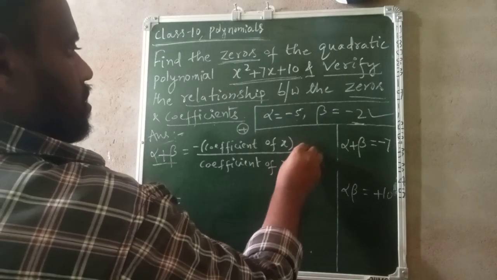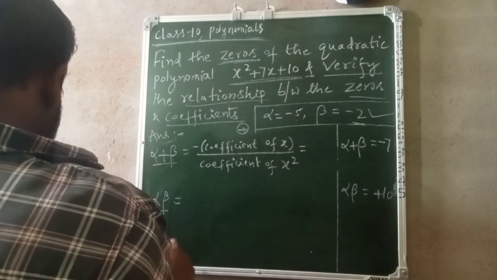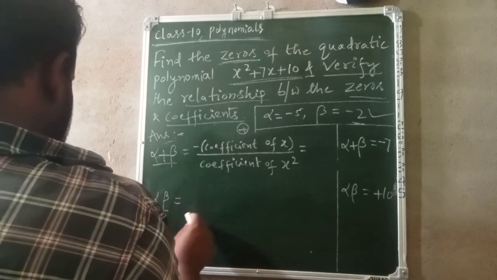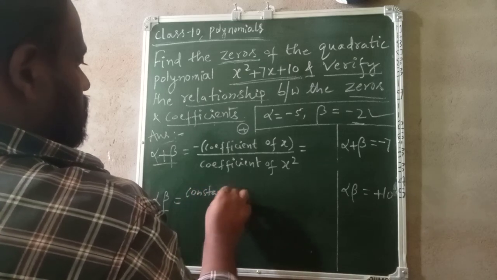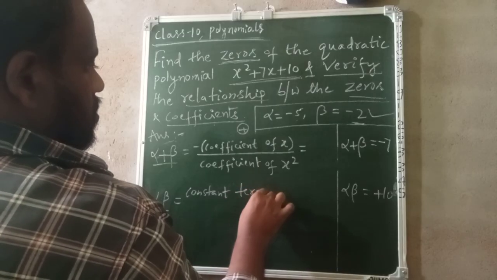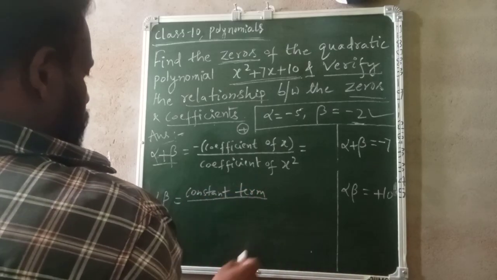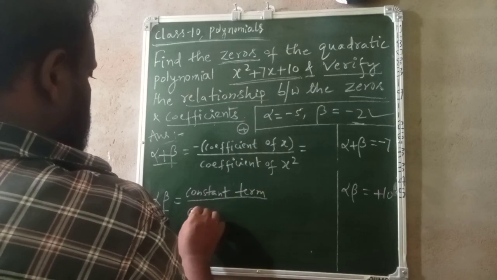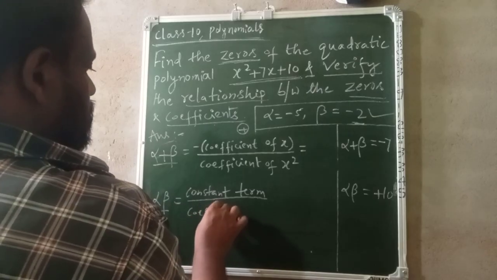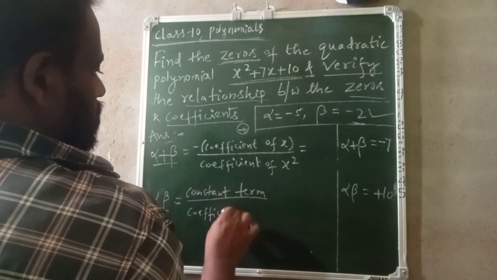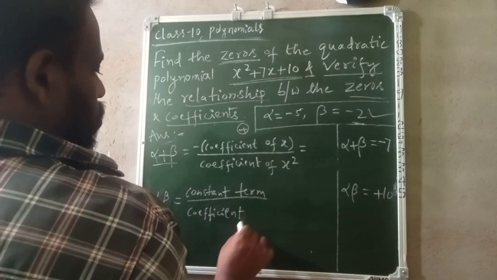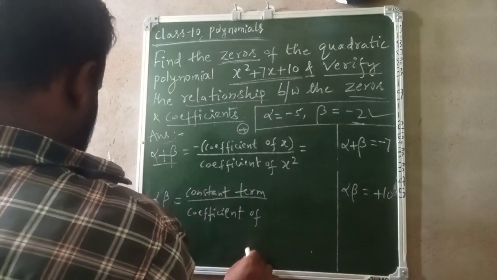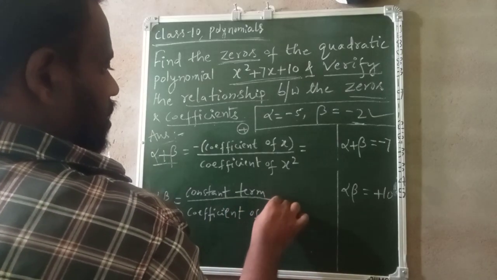And for alpha beta there is a formula, constant term divided by coefficient of x square.